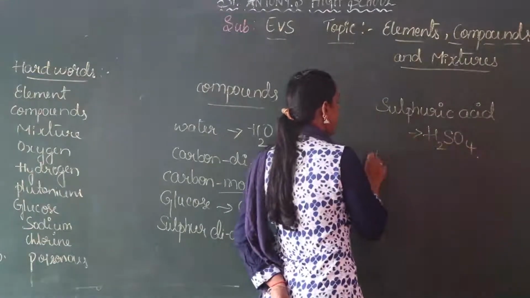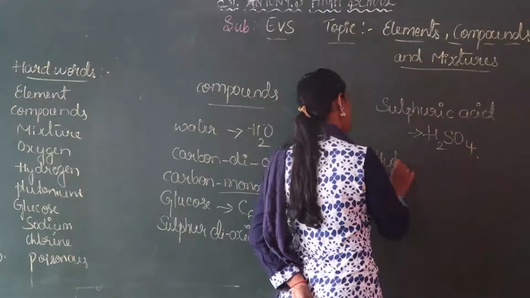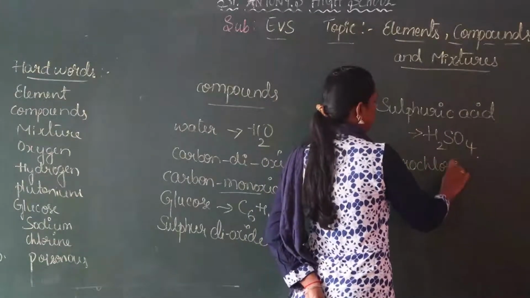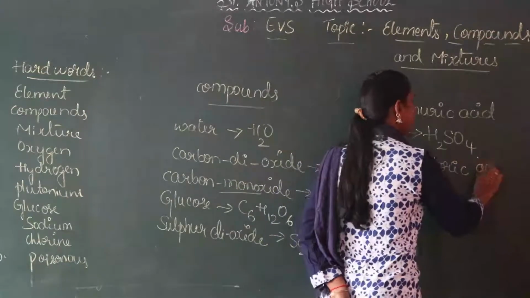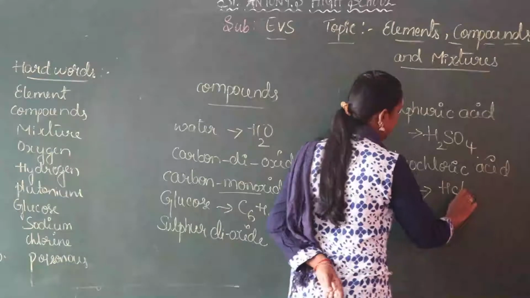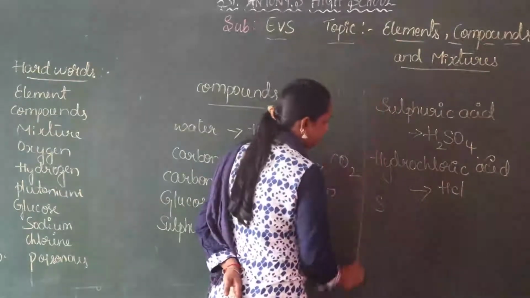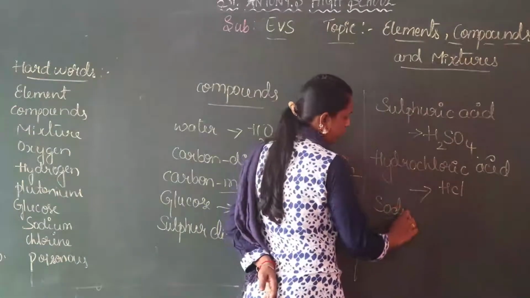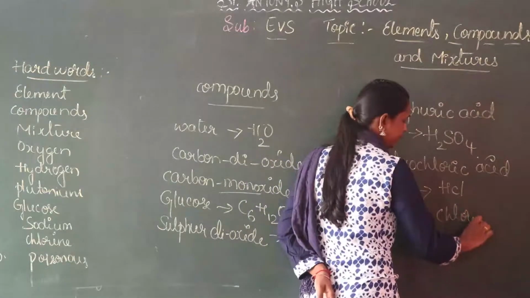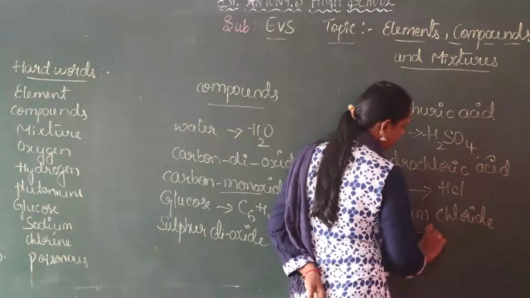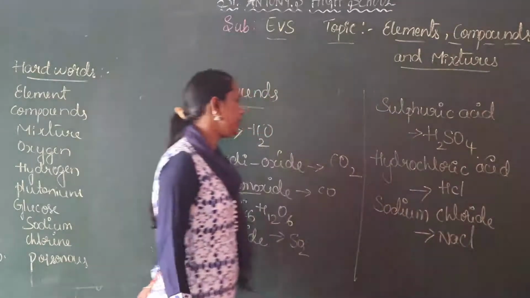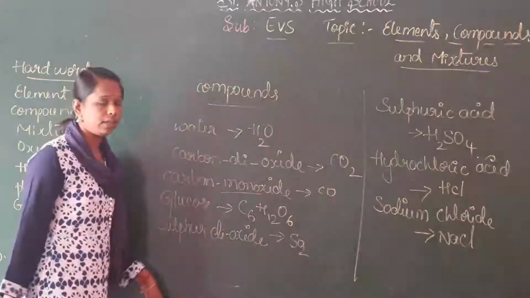Hydrochloric acid, HCl. Sodium chloride, NaCl. So here are some molecular formulas for the compounds.